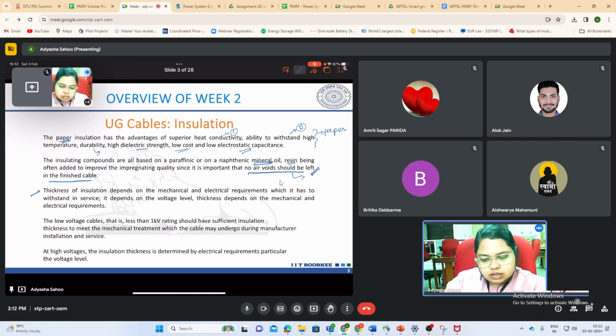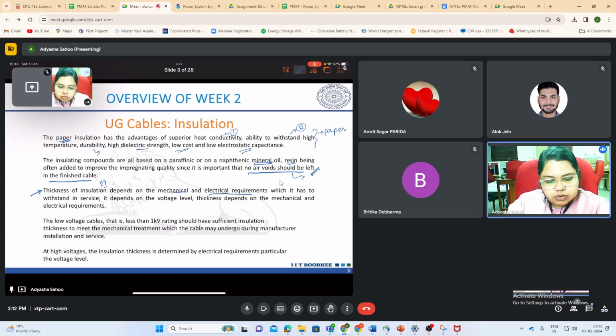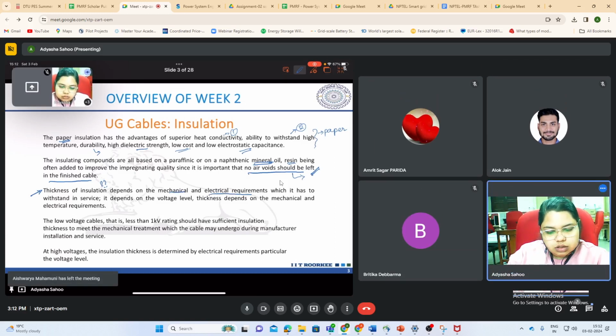Then, second thing comes the thickness of the insulation. How to decide what thickness of the insulation you're going to keep? This depends on the mechanical and the electrical requirement of the cable that you are constructing. The electrical requirement basically depends upon the voltage level.